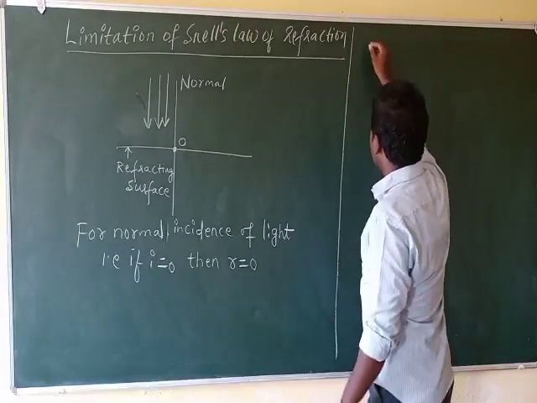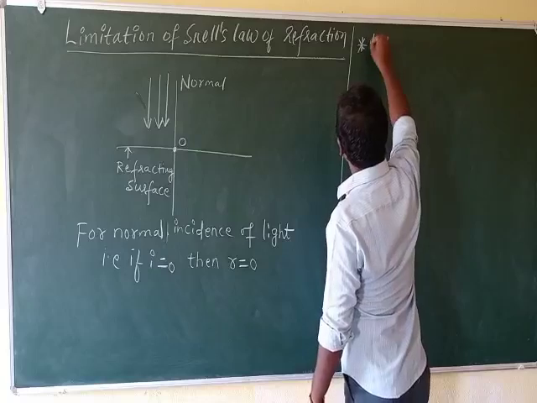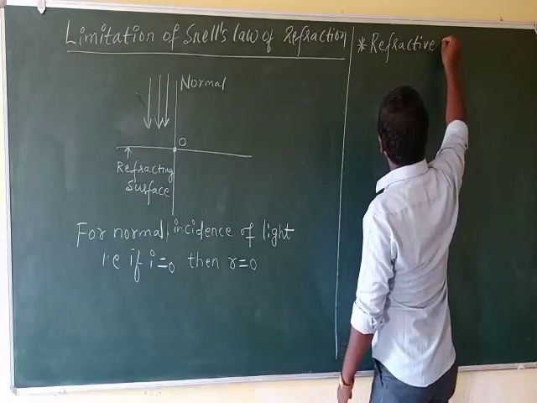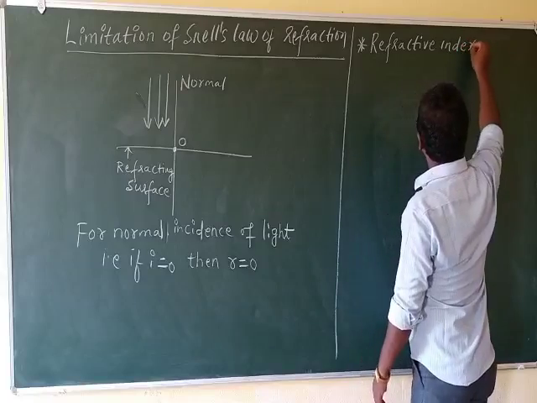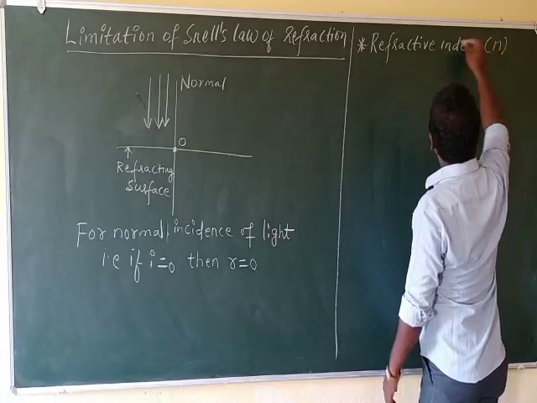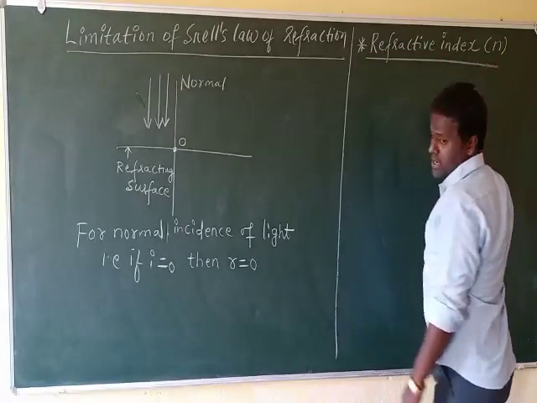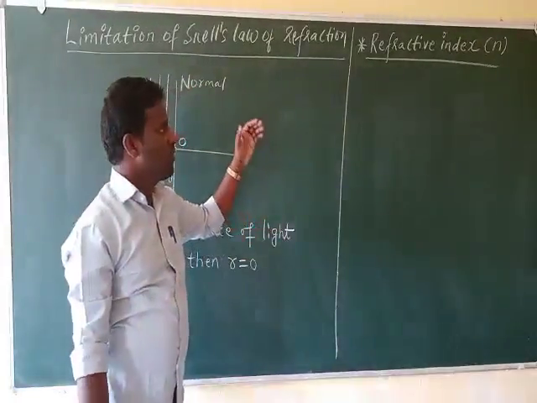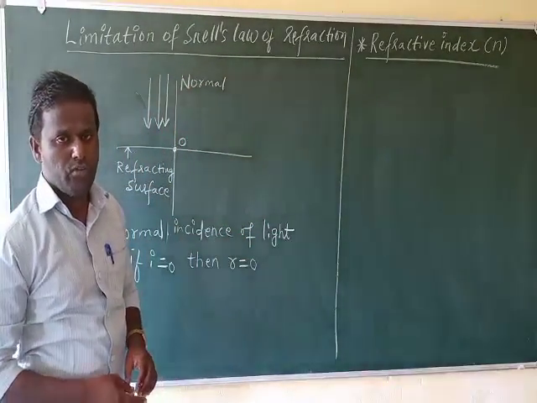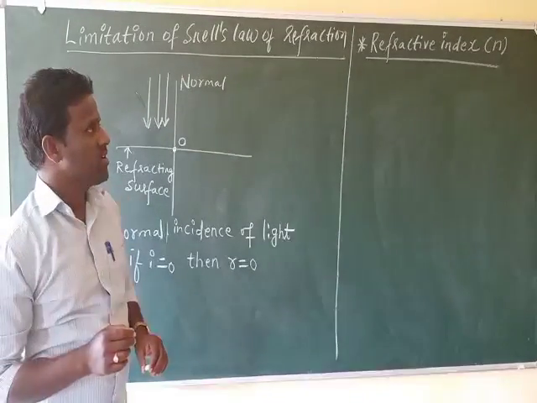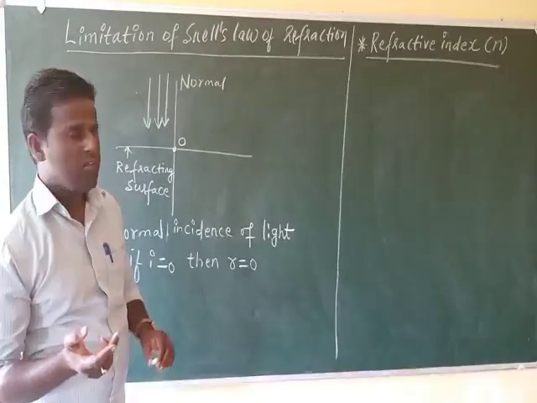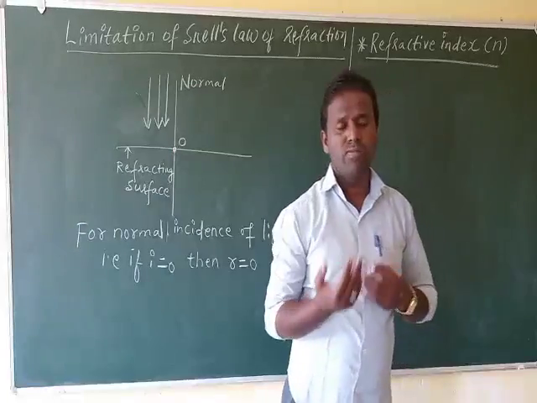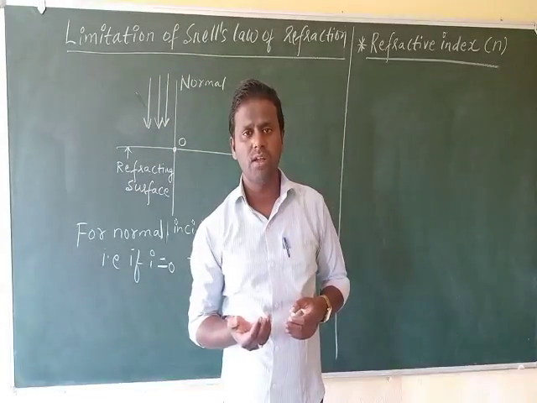You have now understood refraction; next is refractive index. The symbol for refractive index is n. The refractive index indicates with what speed a ray of light is traveling in two media. It is explaining the speed of light in two media.